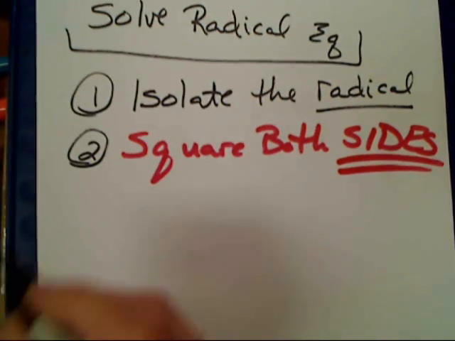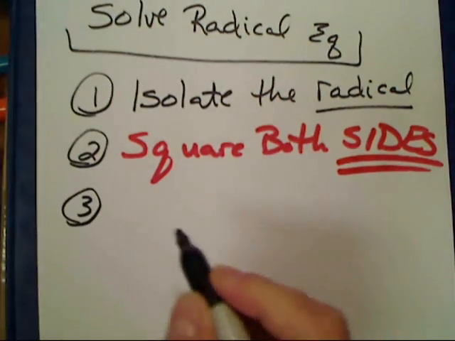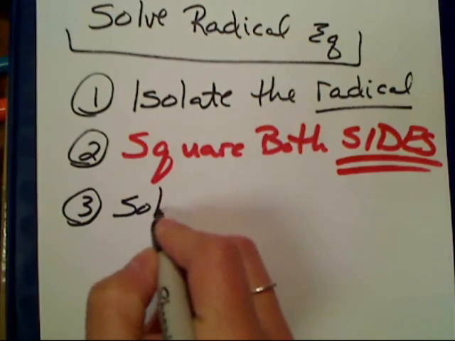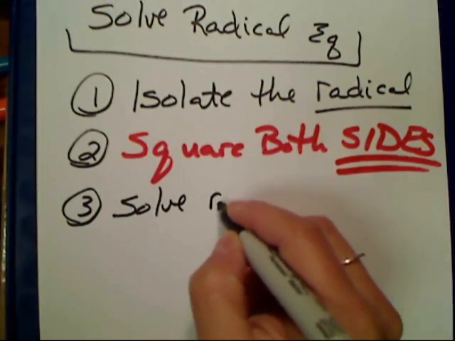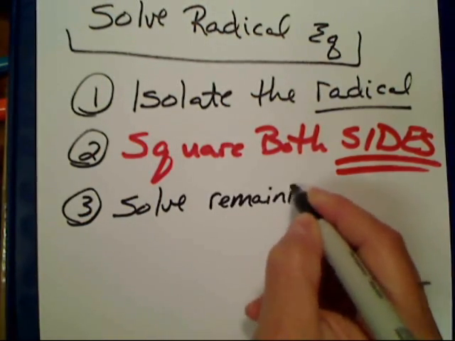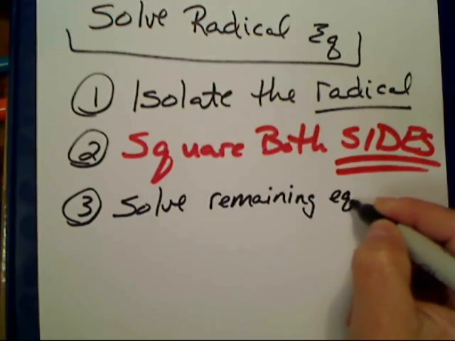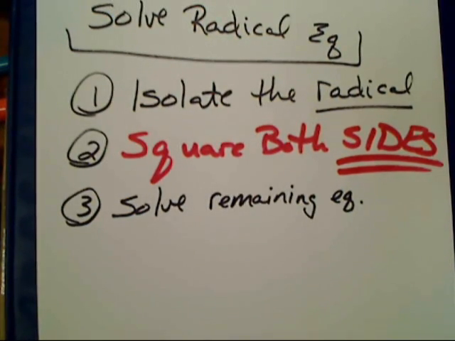After you square both sides, you'll get rid of the radical, and so now you have an equation that you can solve. The remaining equation will either be linear, which means that you just have x to the first, and you get x on one side and everything else on the other side. Or it might be quadratic, meaning that you have an x squared.